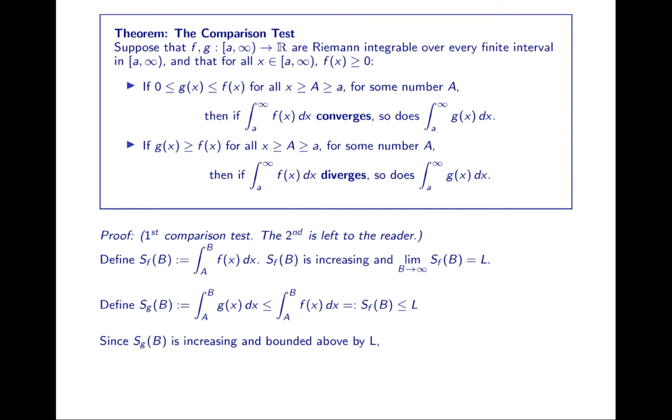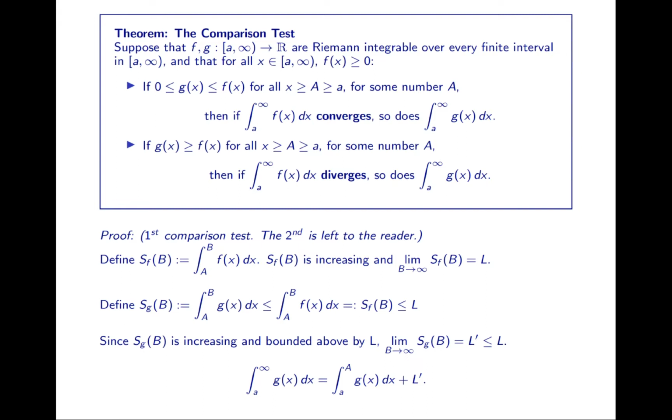Now, since g is non-negative, S_g of B is increasing and bounded above. Well, an increasing function that's bounded above converges as B goes to infinity. So let's call that limit L prime. L prime is some number less than or equal to L. And the fact that that limit exists means that the integral from a to infinity converges.